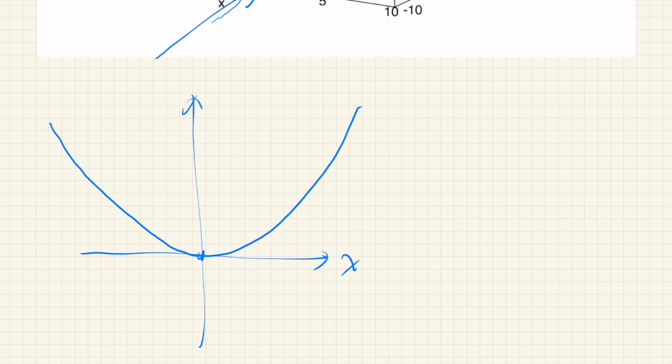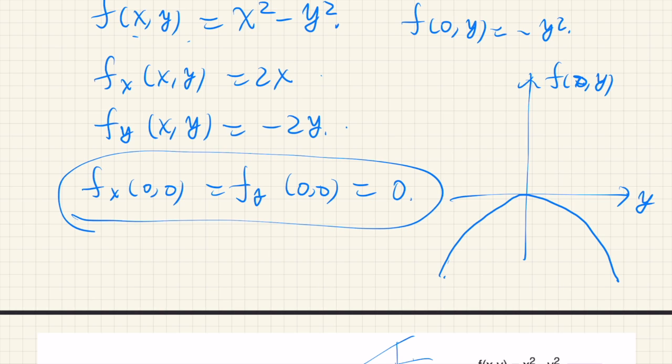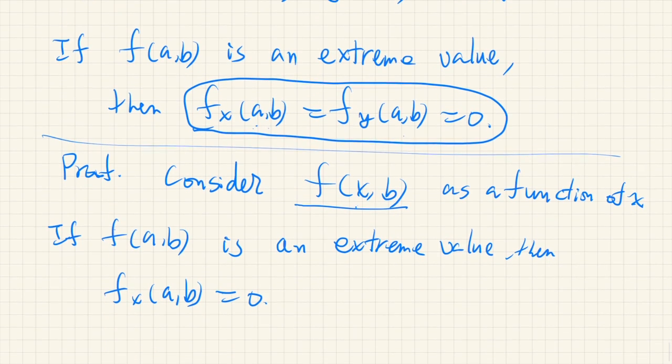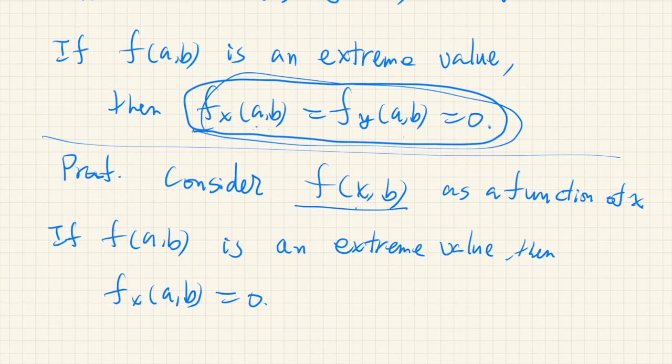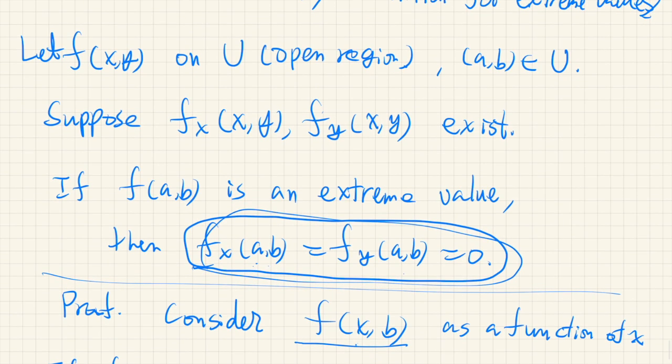So actually it is neither a local maximum nor a local minimum. So even if we have both derivatives equal to 0, we don't have extreme values here. This example shows that derivatives being equal to 0 is just a necessary condition, not a sufficient condition, for a function to have an extreme value.